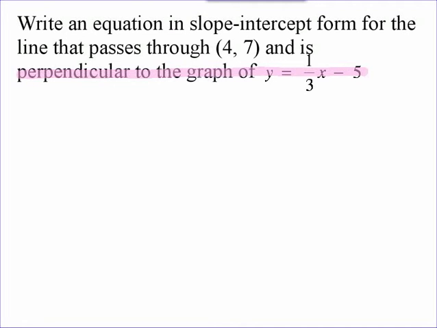What is the slope of this line? 1/3. Now I want the slope of a line that is perpendicular to that. The slope of a line that's perpendicular to that would be -3/1, which simplifies down to -3.